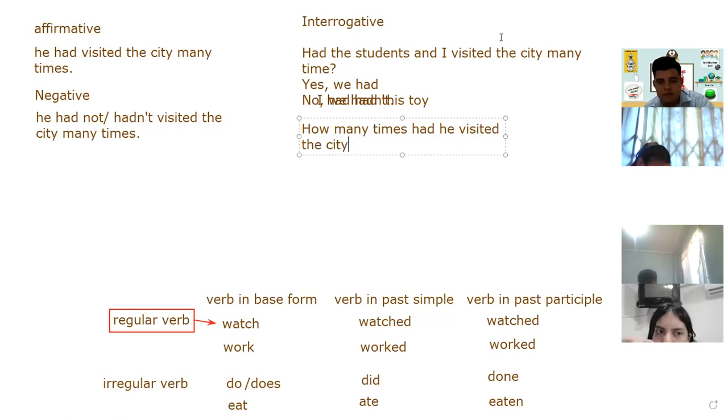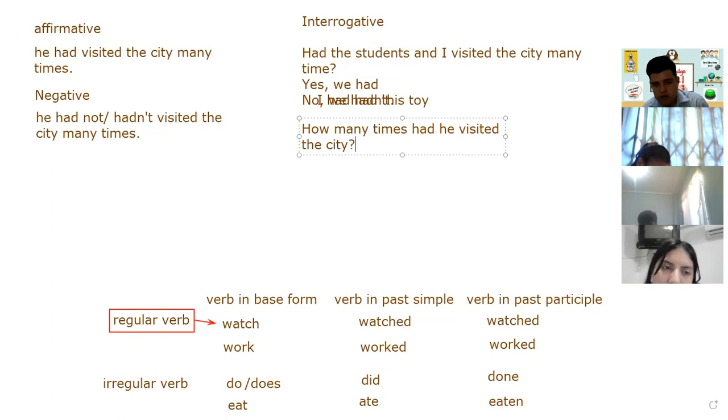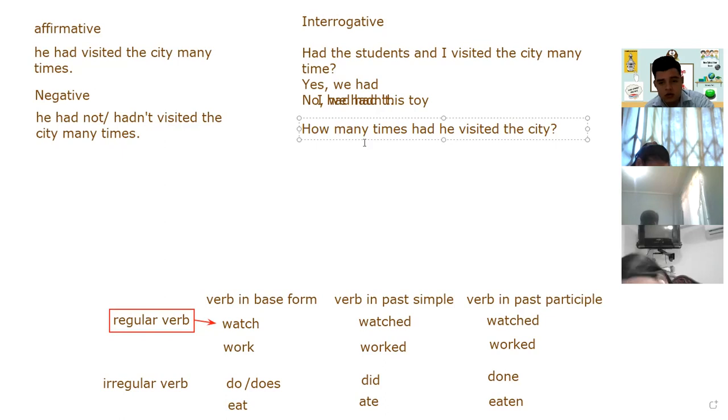And finally, you can use yes/no questions or WH questions. So we have the affirmative form, negative, and the interrogative form using yes/no questions or WH questions. So that's it, the topic about past perfect.